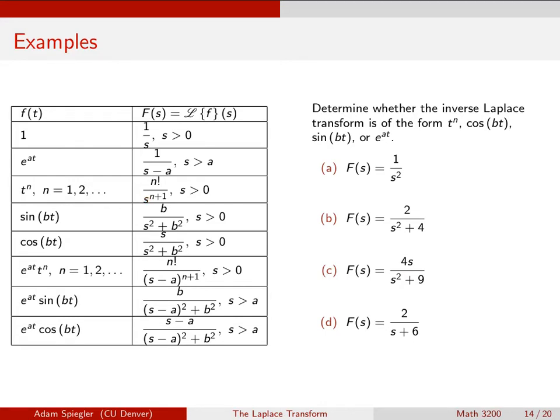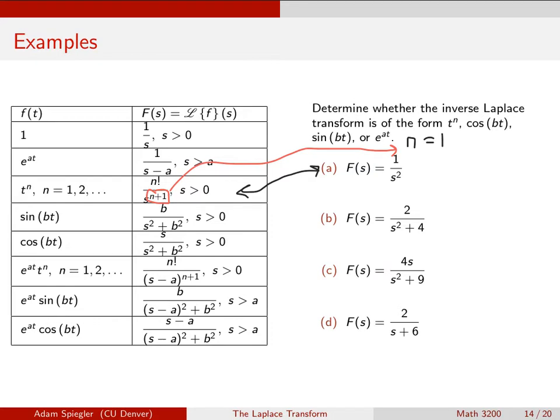When I'm looking at 1 over a power function where the power is bigger than 1, that's a pretty good indication that you started with the function t to some power n. So over here, if I've got s squared on the bottom, then this must correspond to a value of n in this formula over here, therefore n would equal 1.